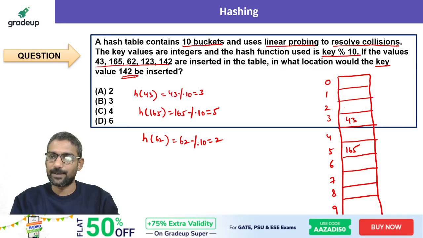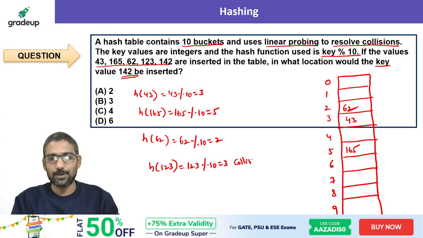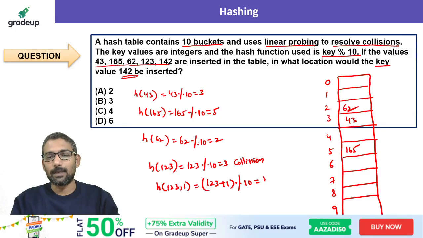The 2nd slot is free, so 62 is placed here. H of 123 mod 10 is 3. Here we have a collision. So what linear probing says is go for the next probe, such that add 1 mod 10. So this would be 124 mod 10, 4.